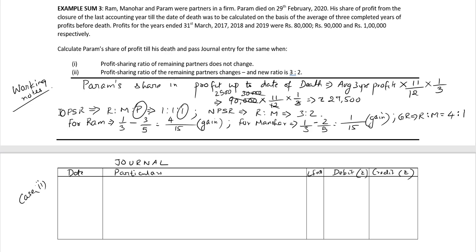The date of death of Param is 29th February 2020. We need to debit the gaining partners. Ram capital account debit, Manohar capital account debit, to Param capital account.